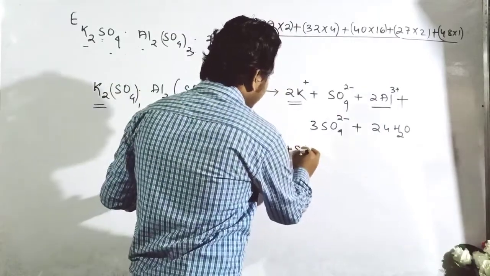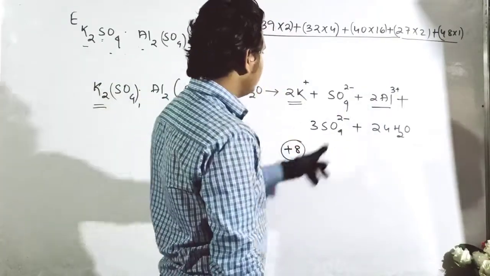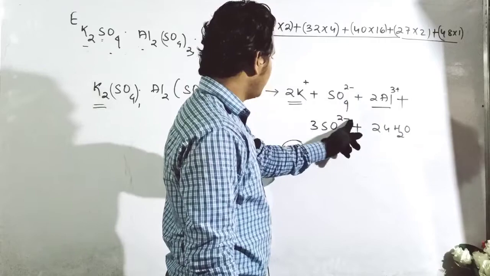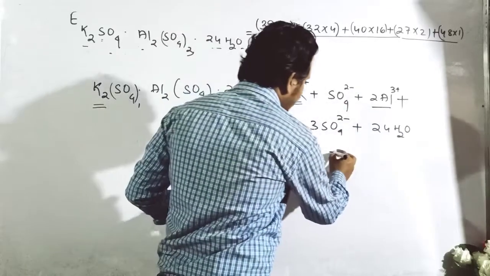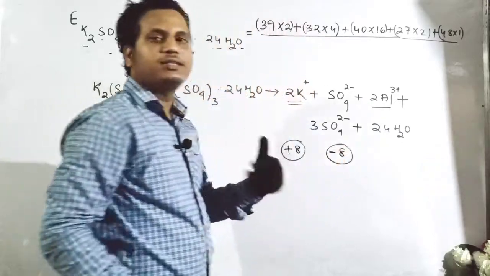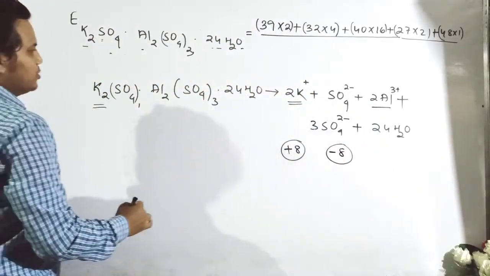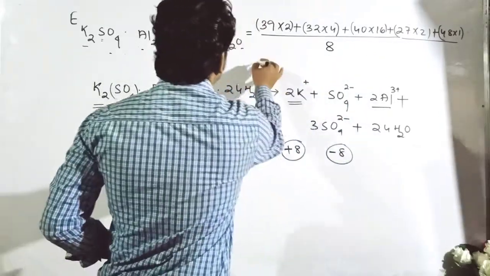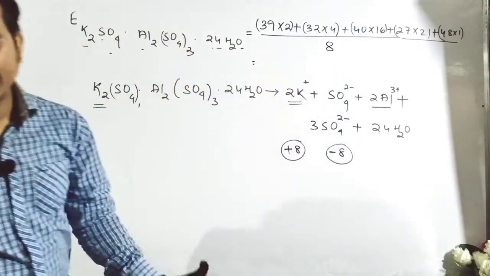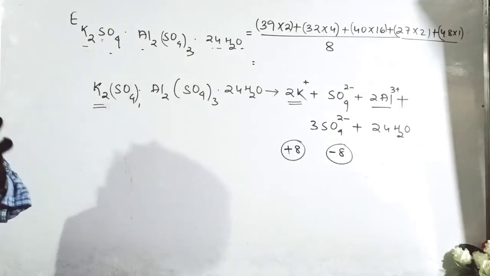So plus 8 is there, minus 2 and minus 6, minus 8 is there. Means plus and minus both will be equal. So overall we can write that divided by 8. Now you can simplify, whatever you get will be our answer.